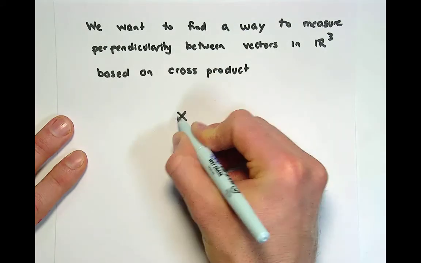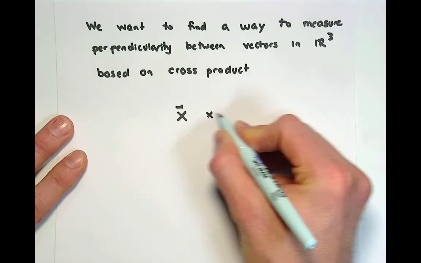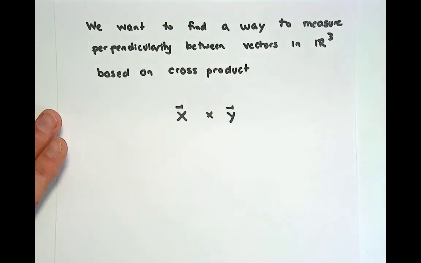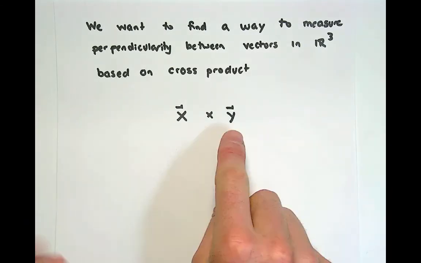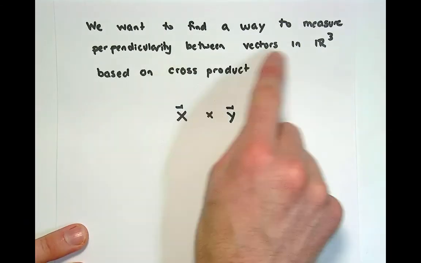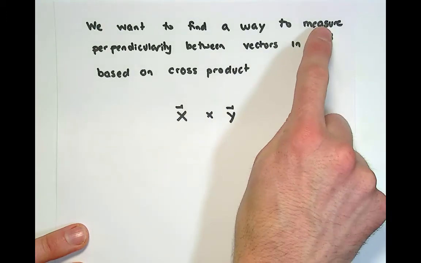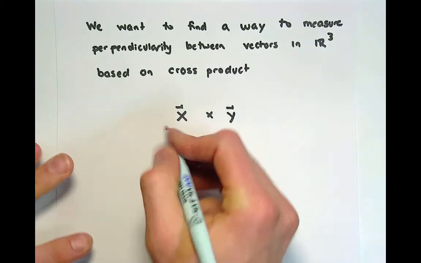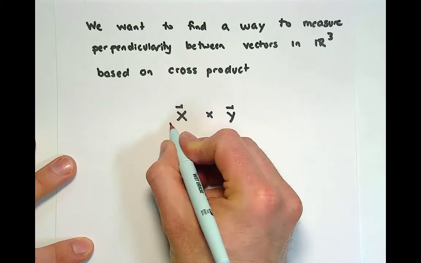So here was the concept. We had x cross y, and we want somehow, when we define this thing, we want to encode a measurement of perpendicularity.